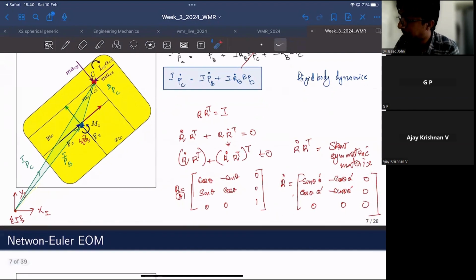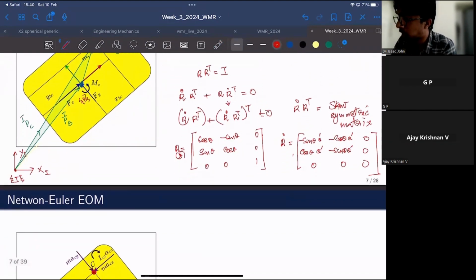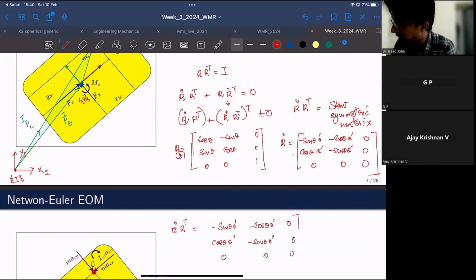So what happens if you multiply this R dot with this R transpose? You will end up with the skew-symmetric matrix, as we have proved. R dot R transpose would be: minus sine theta theta dot, minus cos theta theta dot, 0; cos theta theta dot, minus sine theta theta dot, 0; 0, 0, 0.